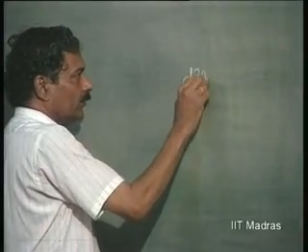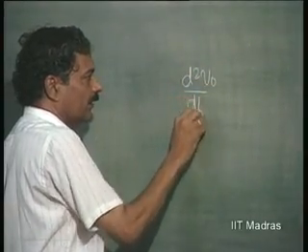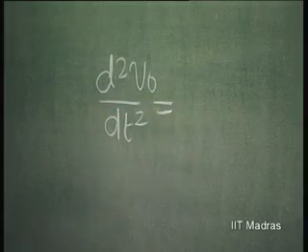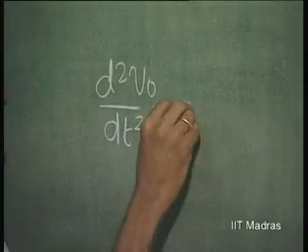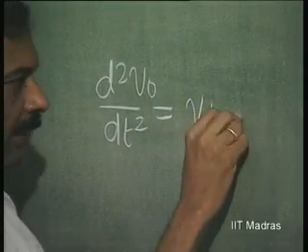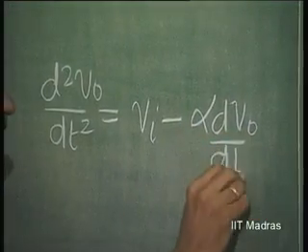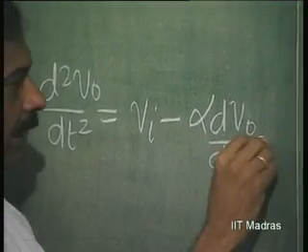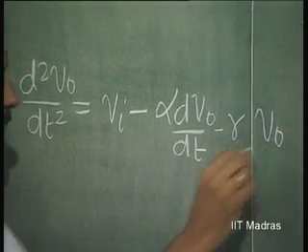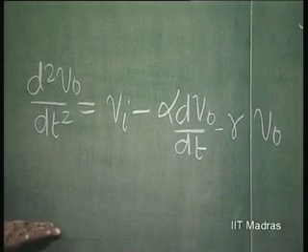What you do is, d squared V naught by dt squared equals V I minus alpha dV naught by dt minus gamma V naught. The same equation is rewritten this way.